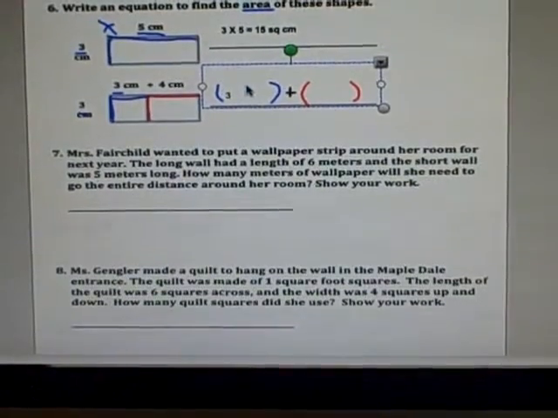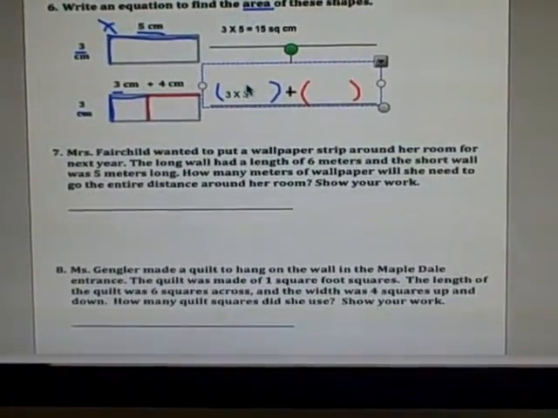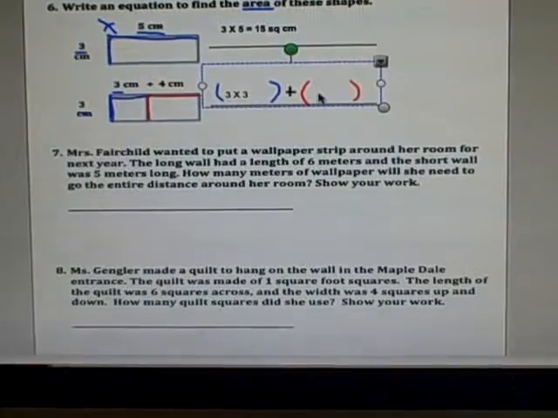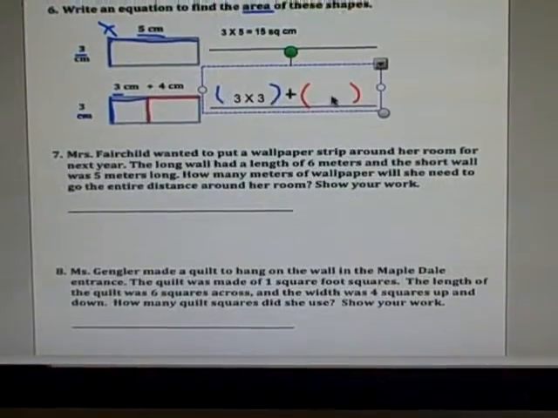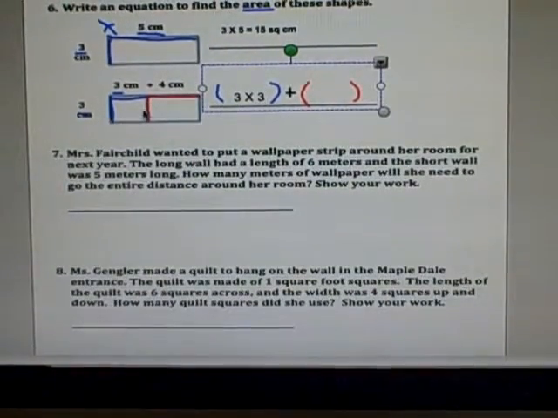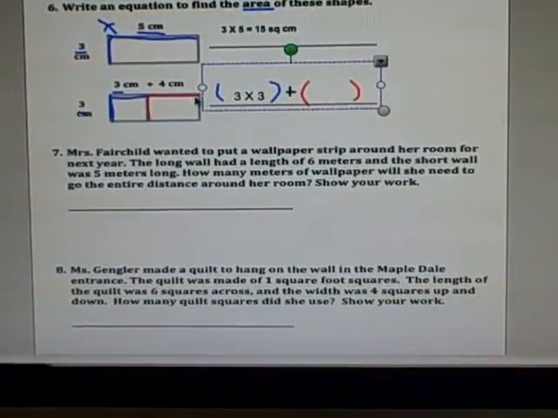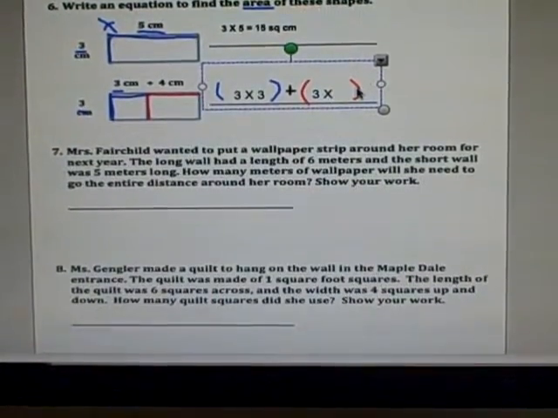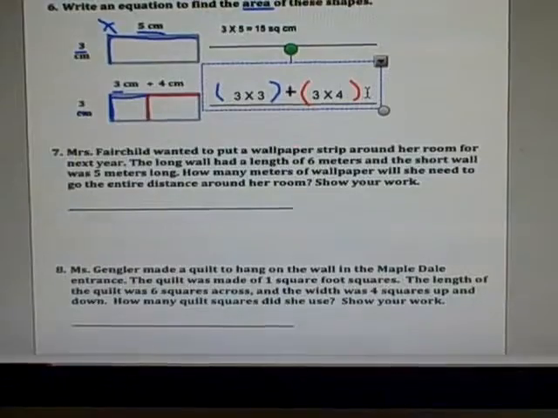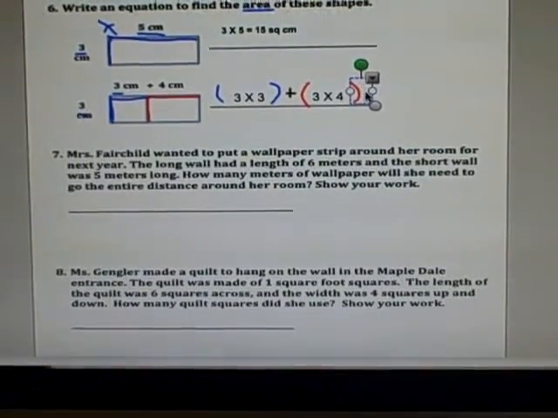We've got 3 times 3. Make that a little bigger. There you go. And the red one, the area is the width times the length, which is 3 times 4. Add an equal sign.